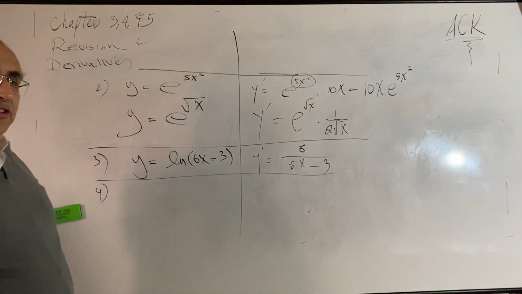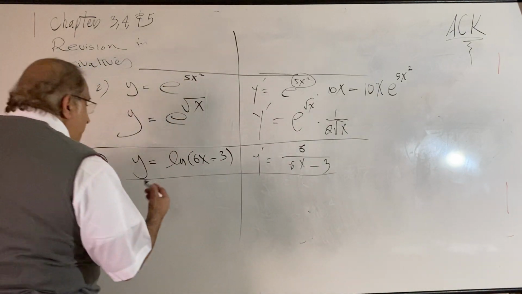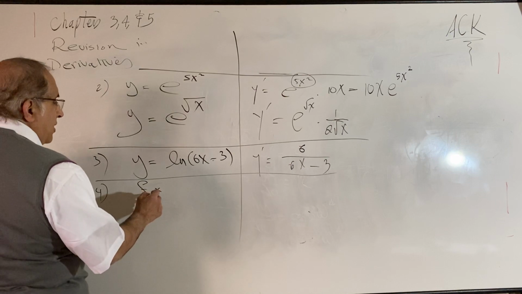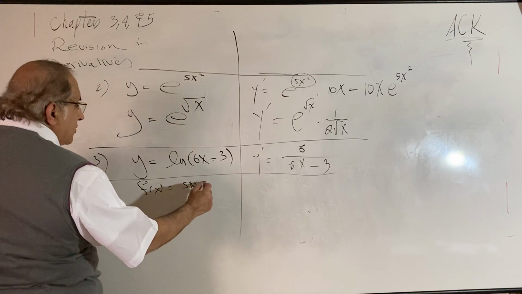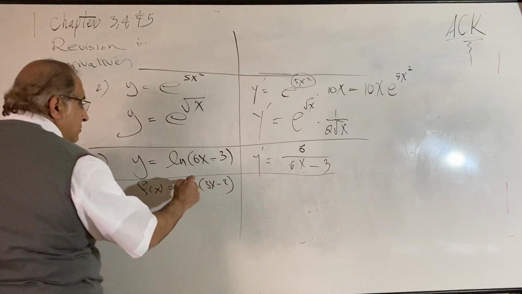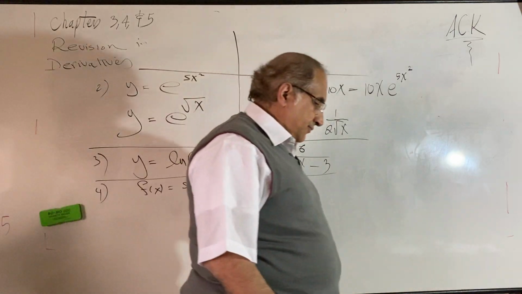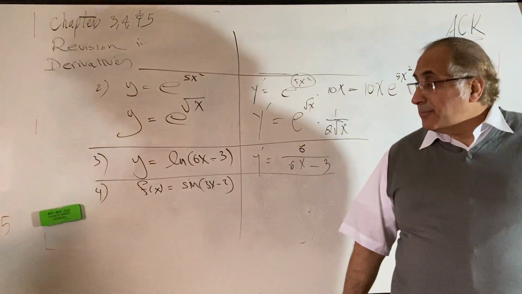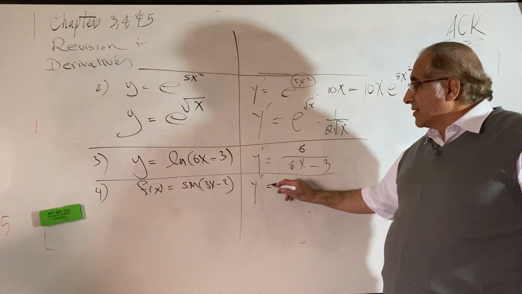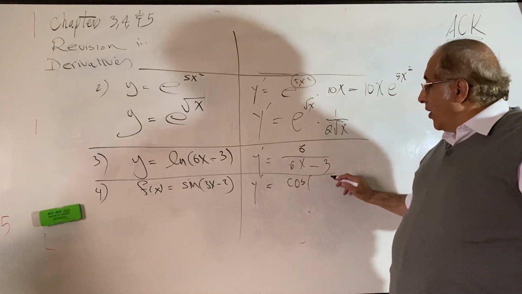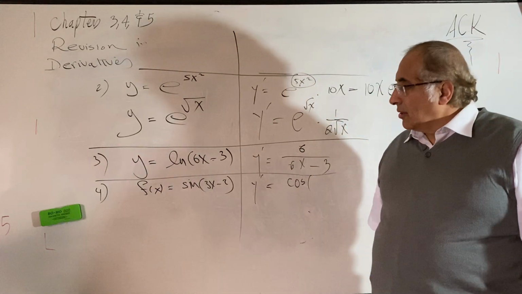How about number 4? Let's deal with some trigonometric functions. If I ask you, f of x equals sine of 3x minus 2. What is the derivative of that? Derivative of sine is always what? Good guys, it's always cosine. What's the angle? 3? No, x?